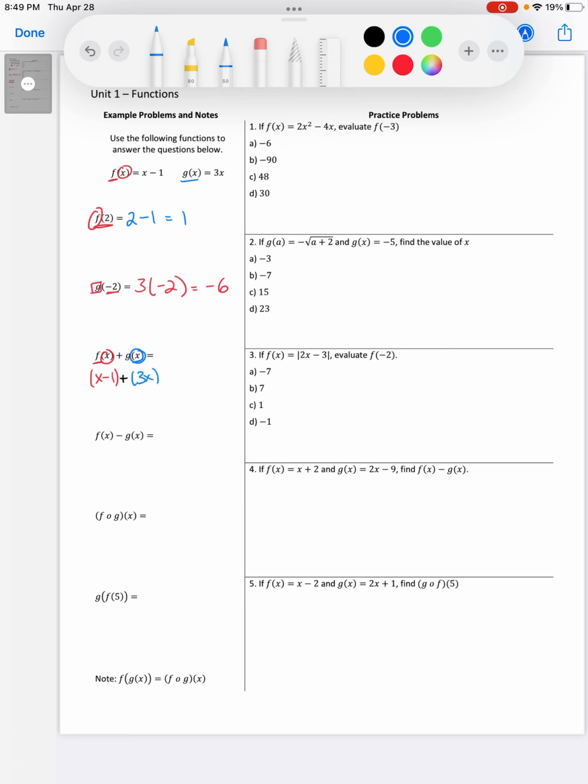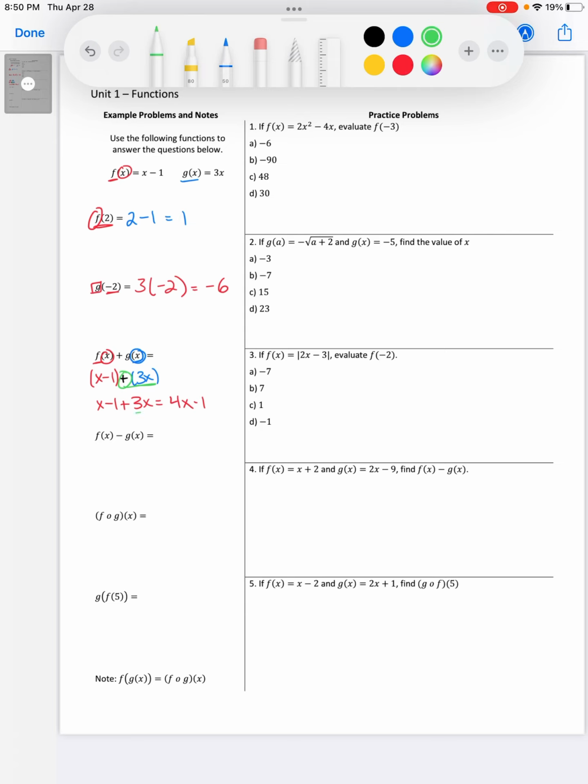Since this is a positive, it just makes all that still positive. So we just have x minus 1 plus 3x. Well, 3x plus x equals 4x. And then we're left with the negative 1. So 4x minus 1.